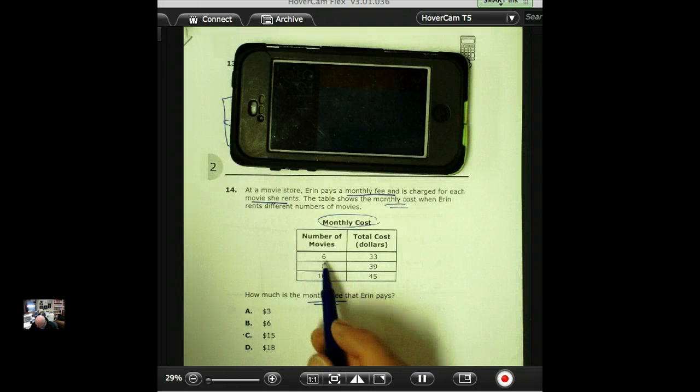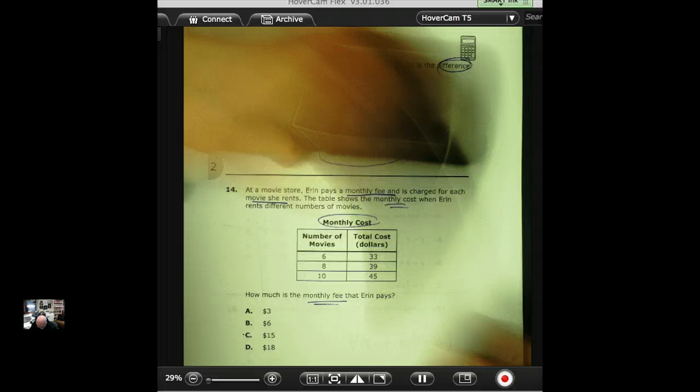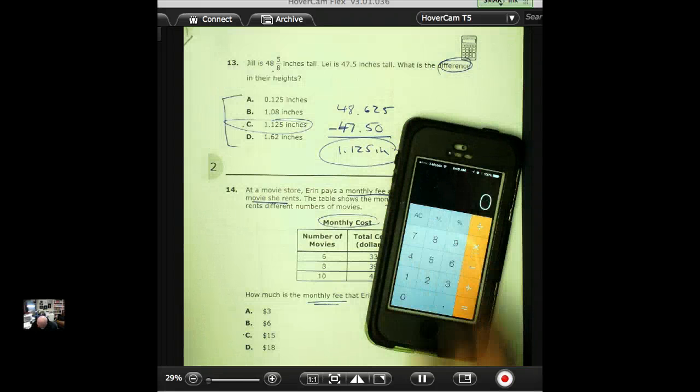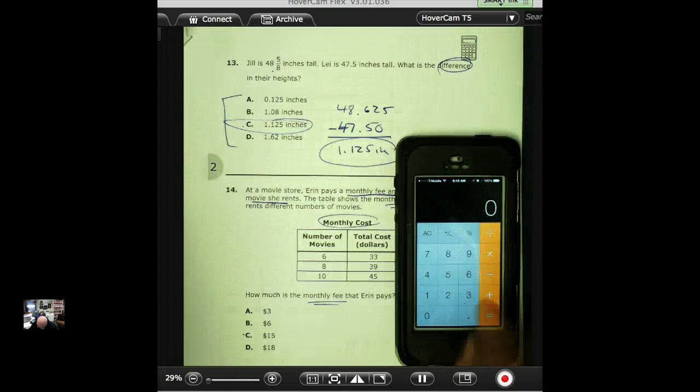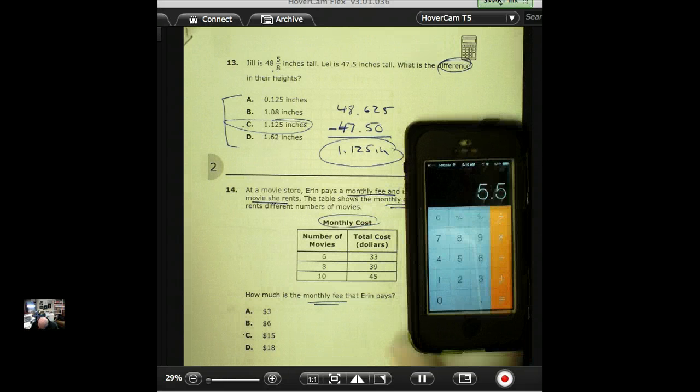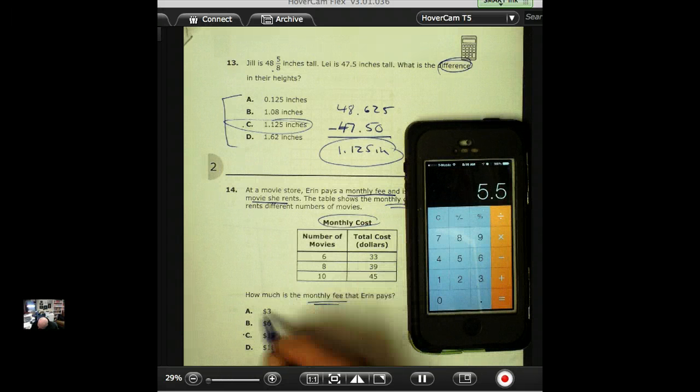For example, I could just do $33 divided by 6, which would equal $5.50 per movie, but that would leave no money for this monthly fee she has to pay. So I'm going to subtract the different monthly fees they've given me here.